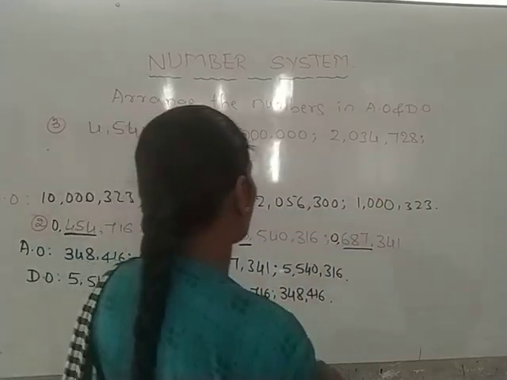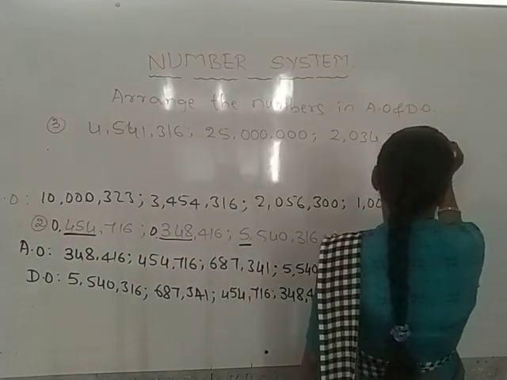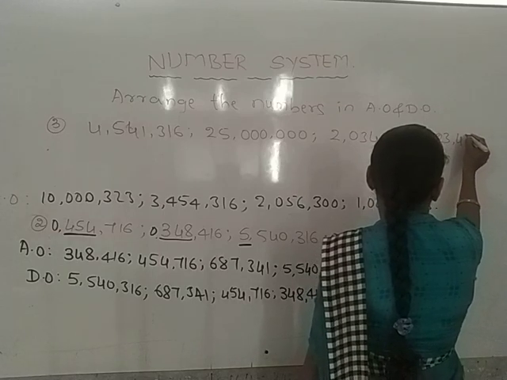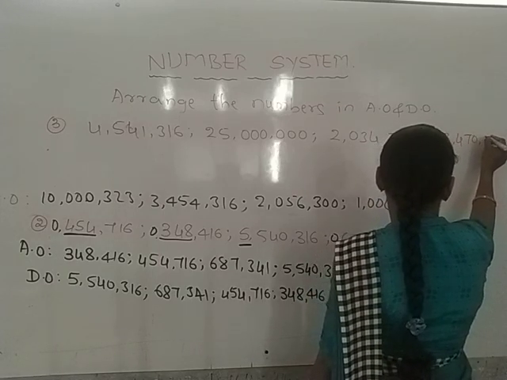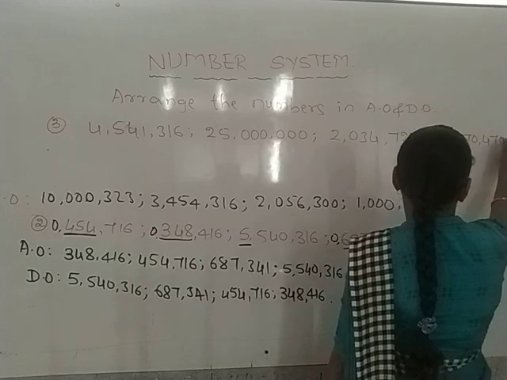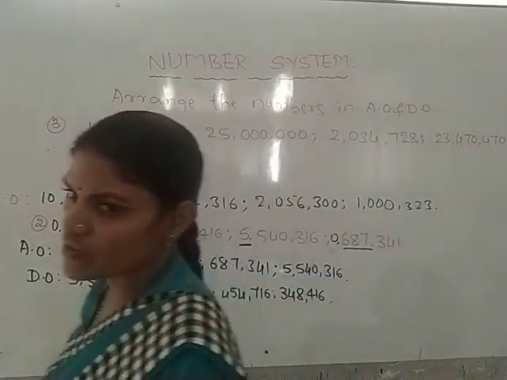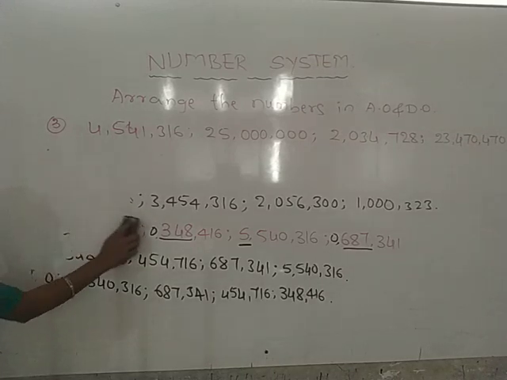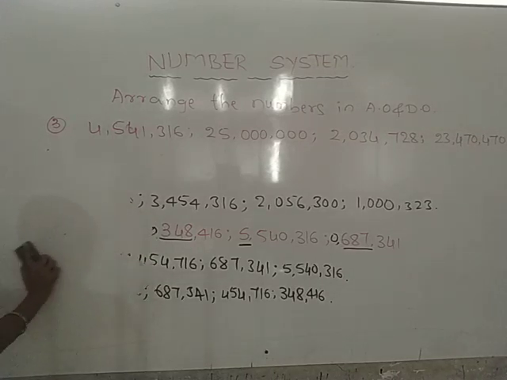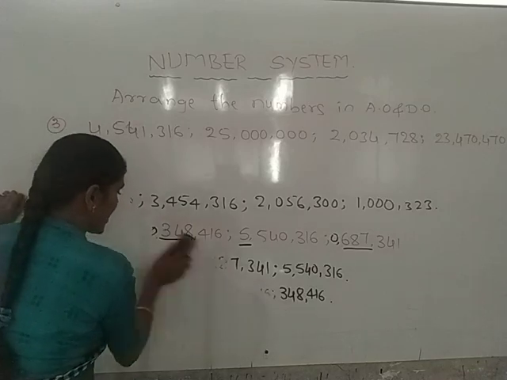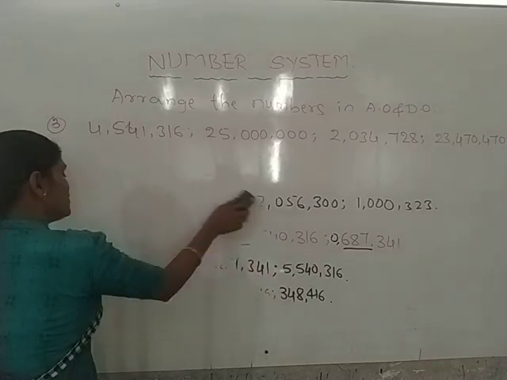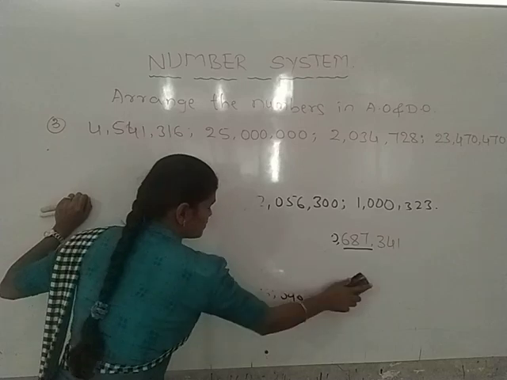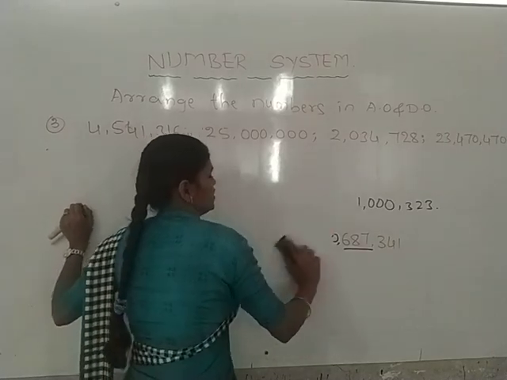So next number, 23,470,470. So please arrange these four sets of numbers in both ascending as well as descending order. Please read fast. Everybody. I want the answer from everyone. Please, dear students, arrange these numbers in ascending as well as descending order. Read fast.